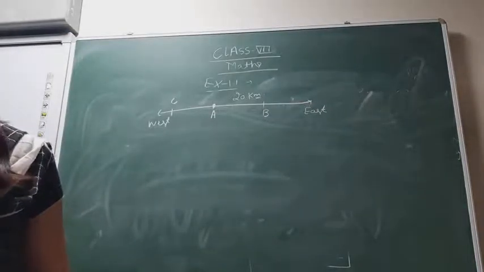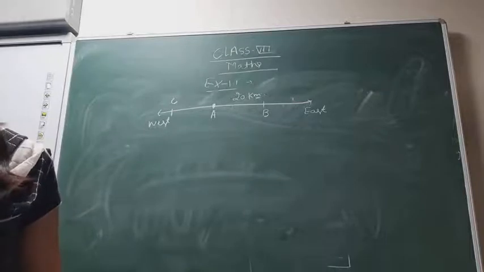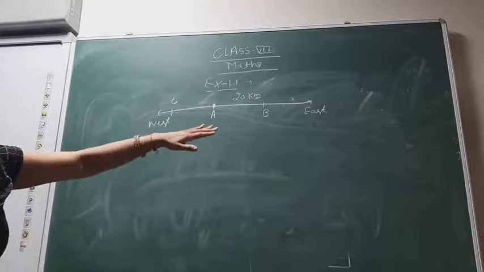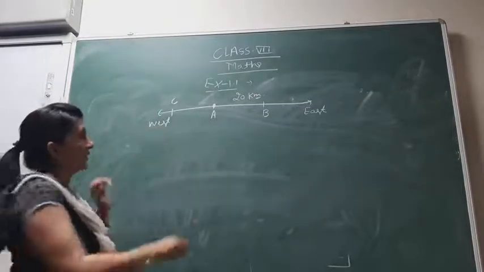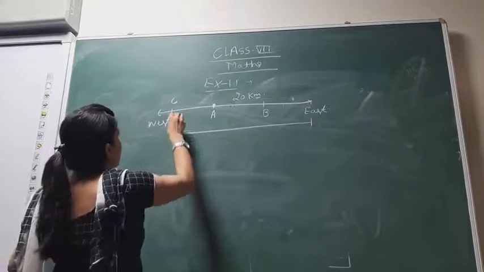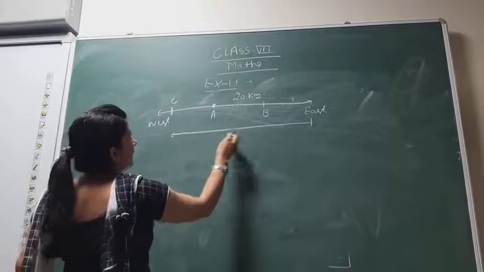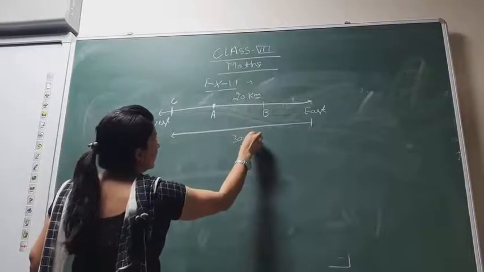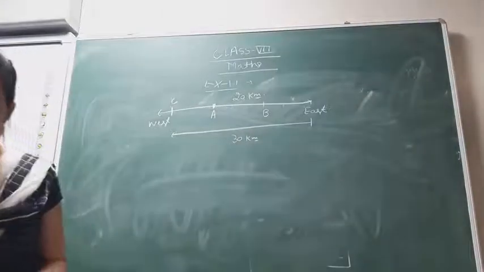From B, she moves 30 kilometers towards west along the same road. On the same road, she moves to west, and we say that she reached at point C. So this distance is 30 kilometers.